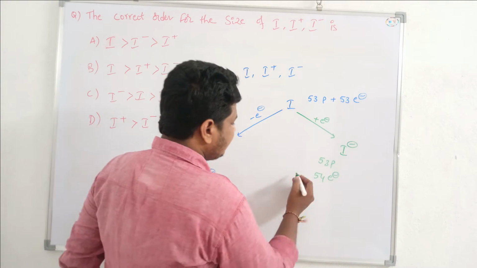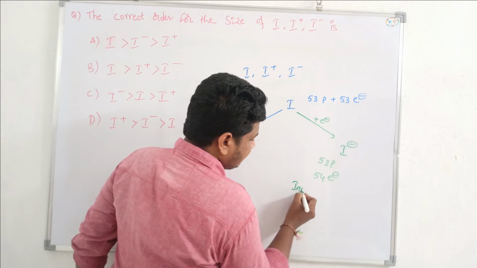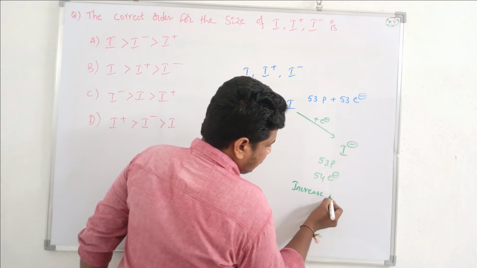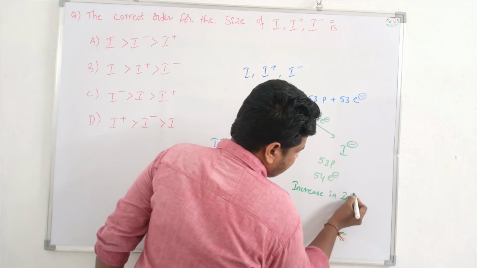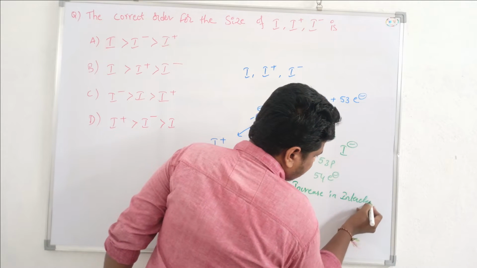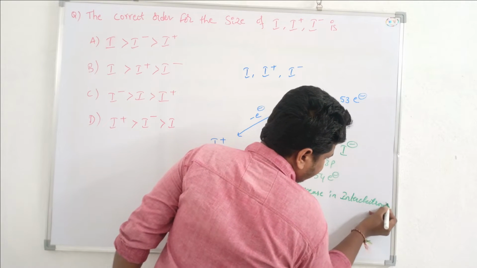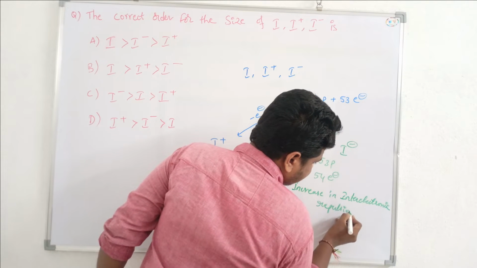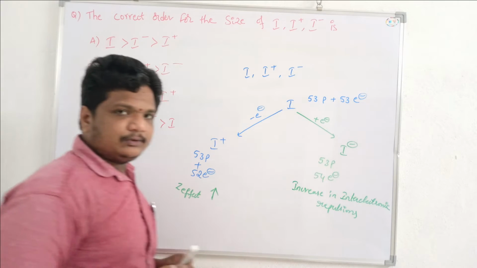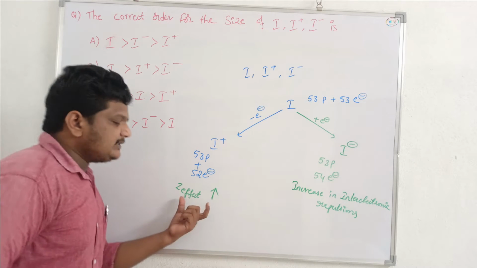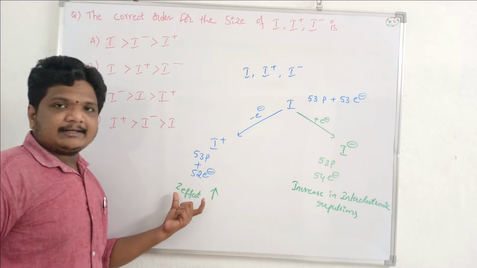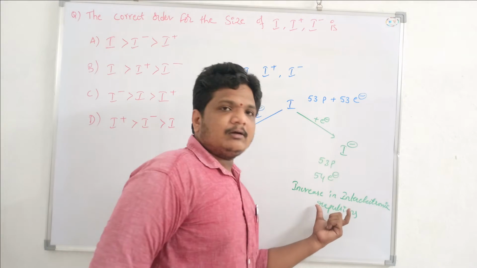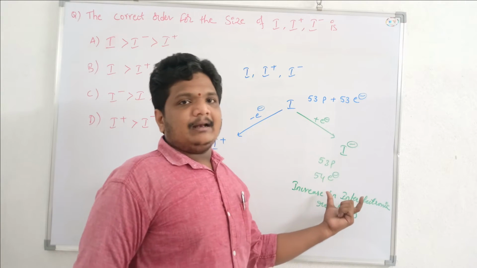Due to Z effective it will have a smaller size, and due to inter-electronic repulsions it will have a larger size.